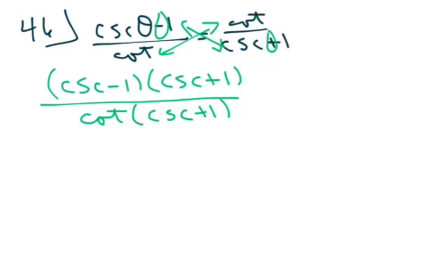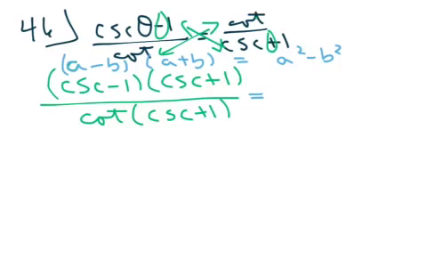Again, the reason we're doing this is because this is the form of a plus b, a minus b times a plus b equals a squared minus b squared.